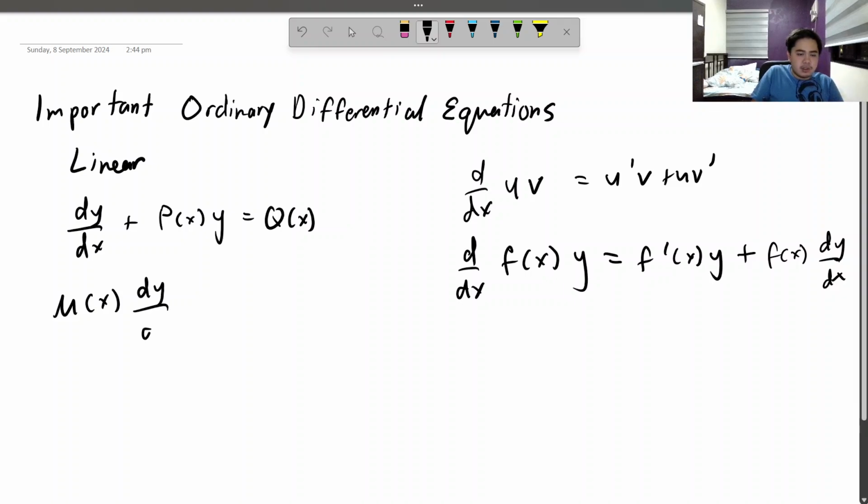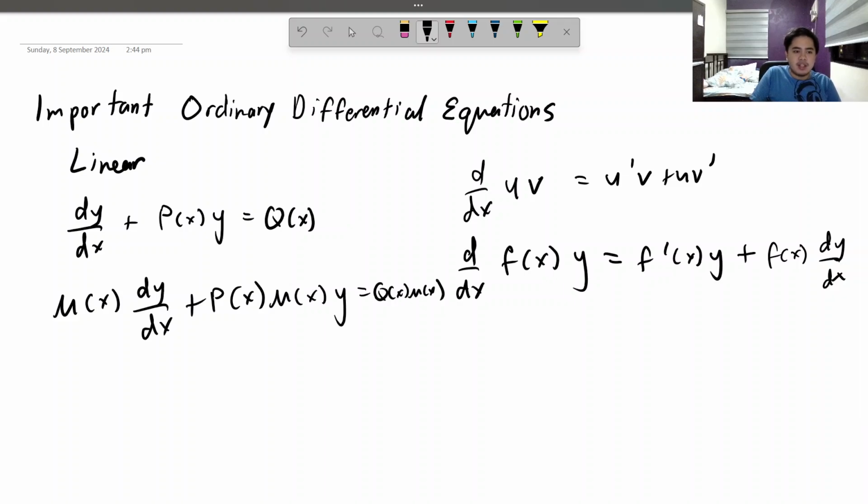So this would be the resulting thing. Now, we just multiplied both sides by mu of x. What does this mean? Well, it takes the place of f of x in here. Look, mu of x times dy over dx.